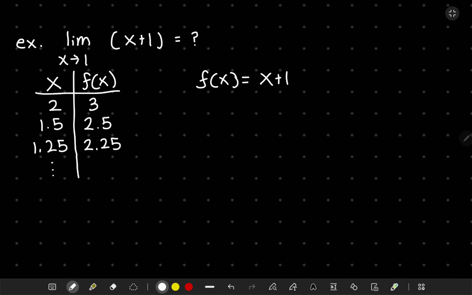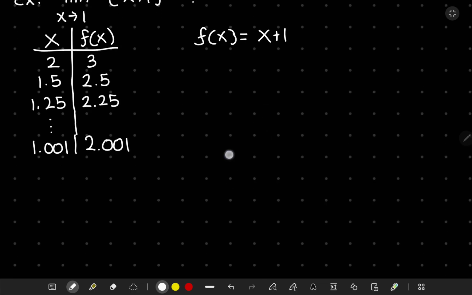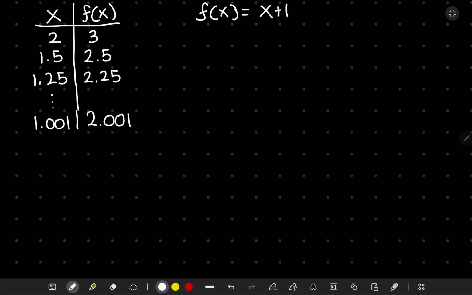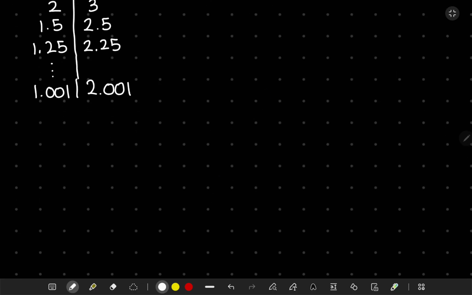I'm going to try it again. What happens if it's 1.001? If I plug that in, that's 2.001. And then if I even tried the other side, so let's say I tried 0.99 or 0.9999, I get 1.99 for that one, and then for the second one, I get 1.999.